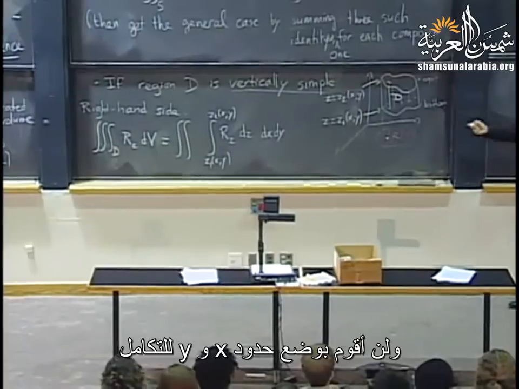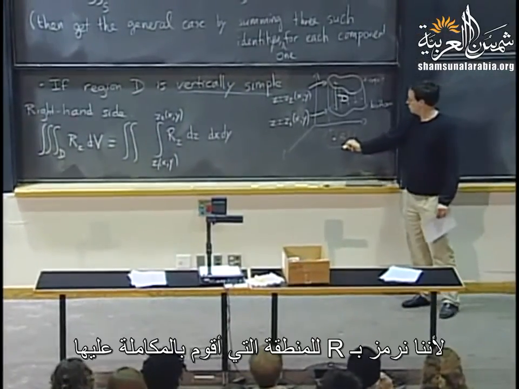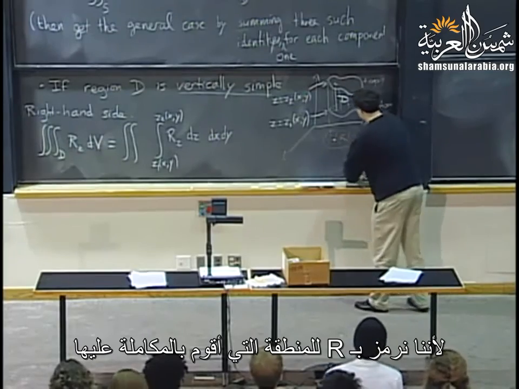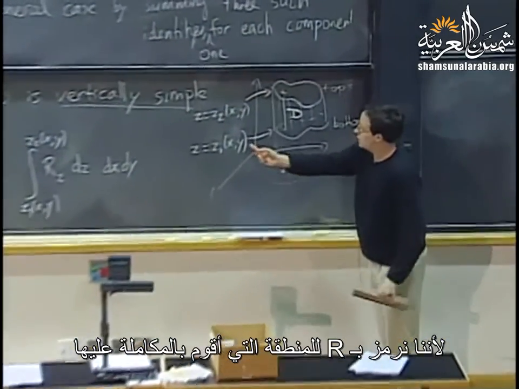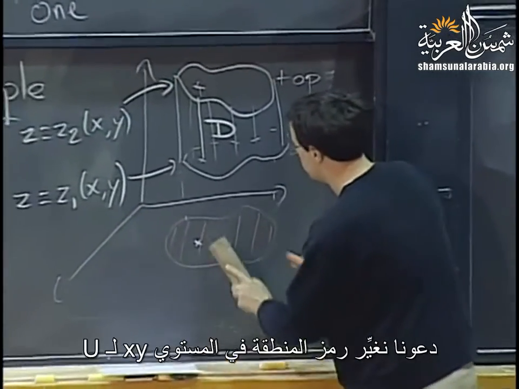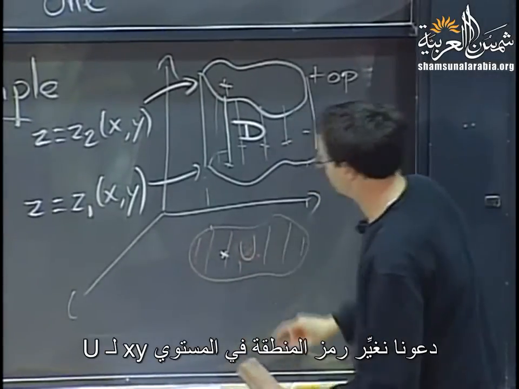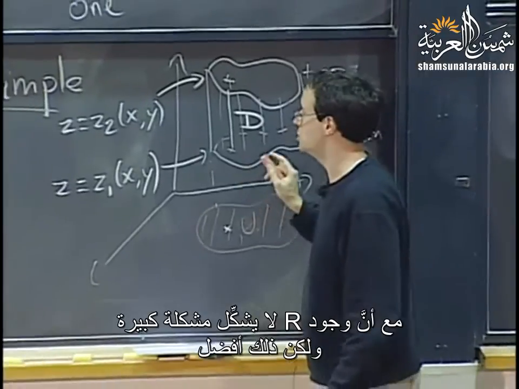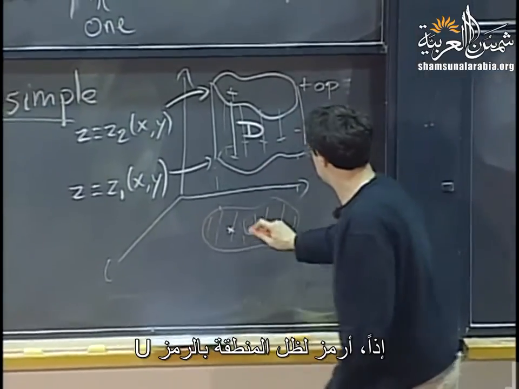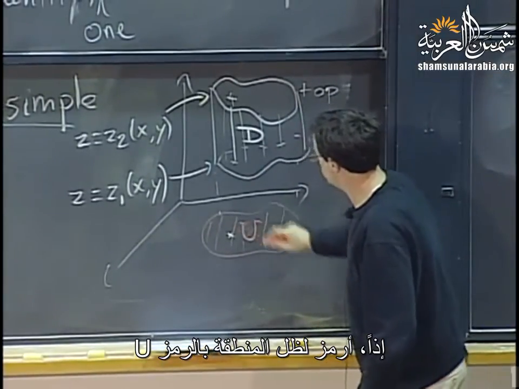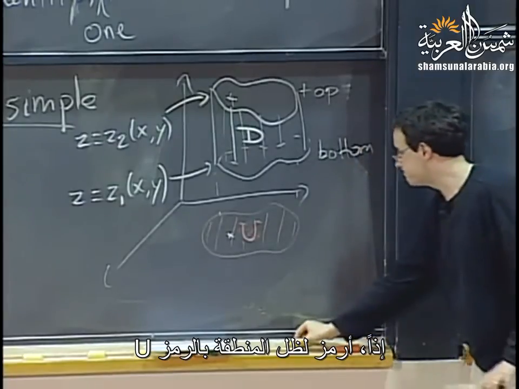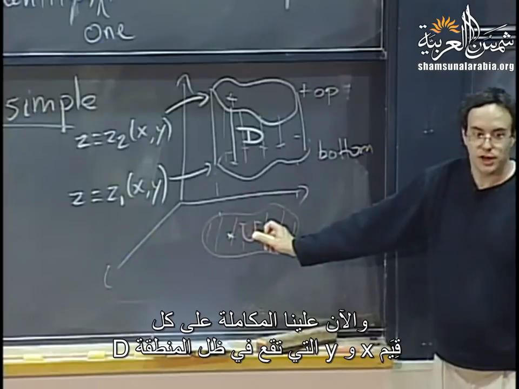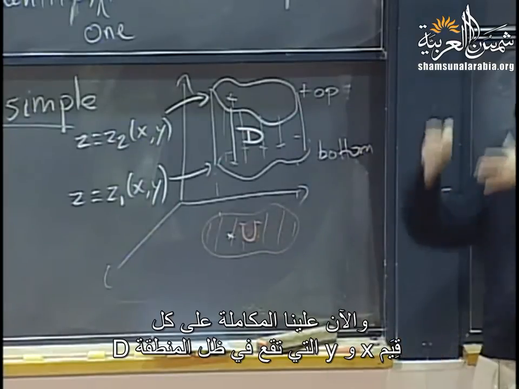Now, for x and y, I'm not going to actually set up bounds because I've already called R the quantity that I'm integrating. So let me change this to, say, U or something like that. If you already have an R, there's not much risk for confusion, but still. Okay, so I'm going to call U the shadow of my region instead. Now I want to integrate over all values of x and y that are in the shadow of my region.